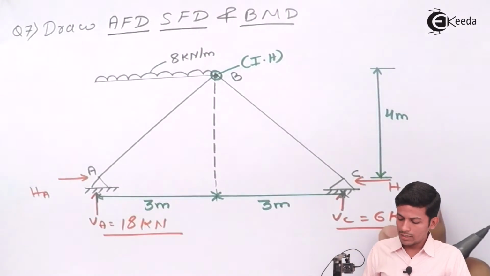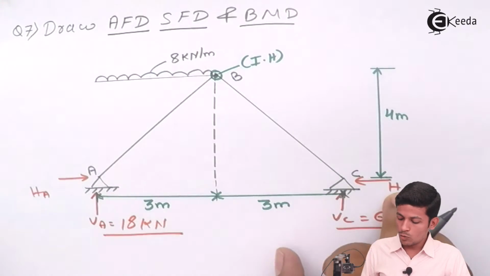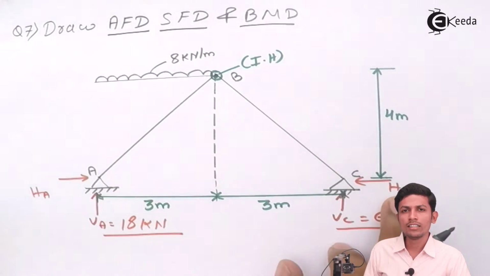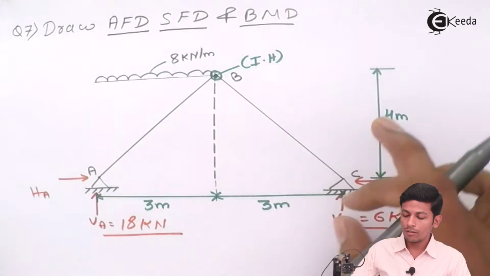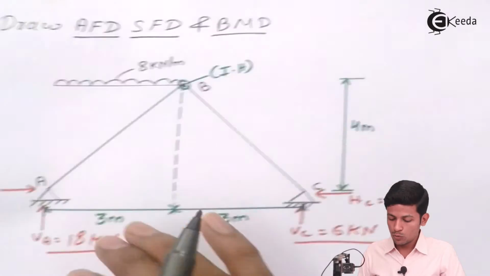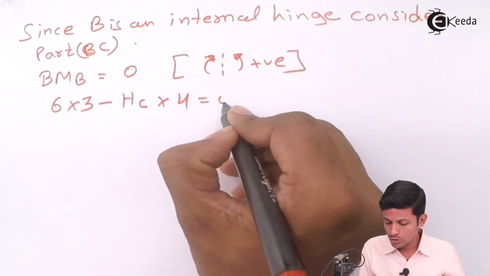In HC we get the value of HC into, now what is the perpendicular distance of HC? The perpendicular distance will not be 3, the perpendicular distance will be 4. Now HC into 4 is equal to 0.